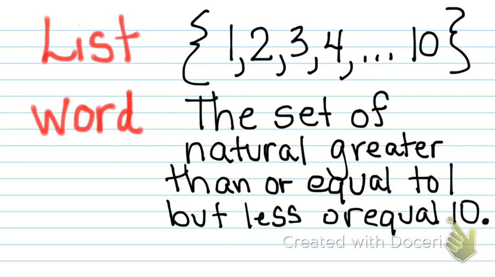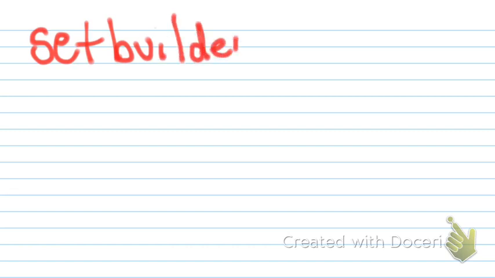The last way to write a finite set or an infinite set is to use set builder. And set builder is written this way: curly brace, because that's how we symbolize a set. And then we describe the elements inside using a lowercase letter.